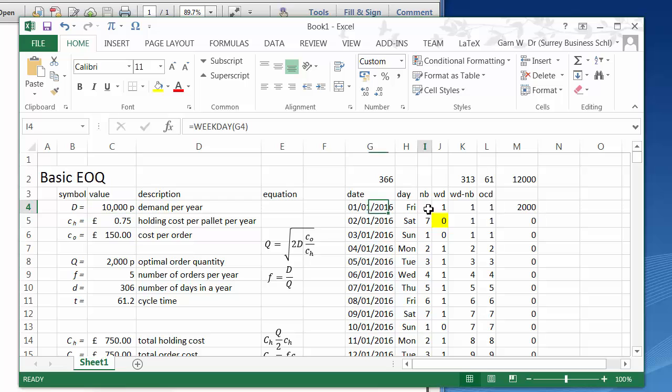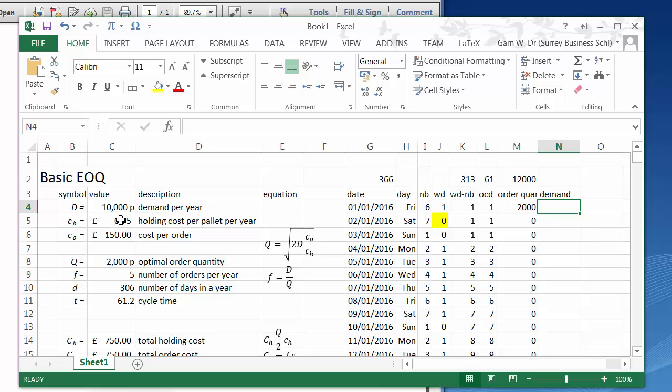So what is actually our daily demand? Can we confirm that we are getting this 10,000? So this is the order quantity and the demand. What is the daily demand?